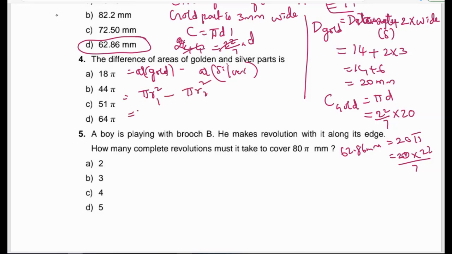Here pi will be constant, r1 square minus r2 square. R1 is 10 and R2 is 7. So it will be pi into 10 square minus 7 square. When you simplify 100 minus 49, you will get 51 pi. So here the answer is 51 pi.